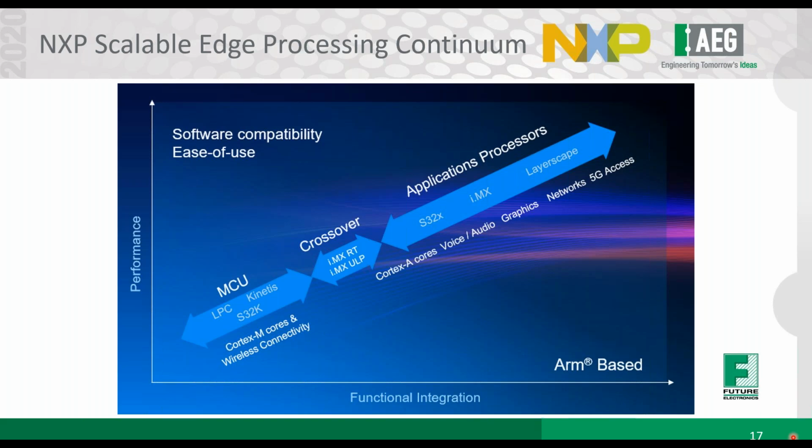They give you the best of both worlds as far as some of the capabilities from both a microcontroller standpoint and from an application processor point of view. And then you can scale up as well to more specific Cortex-A core types of devices between the S32 family, the I.MX family, and the Layerscape family of devices to really give you a wide variety of capabilities from an application standpoint, whether you're more concerned with things like audio, graphics, or even networking capabilities.